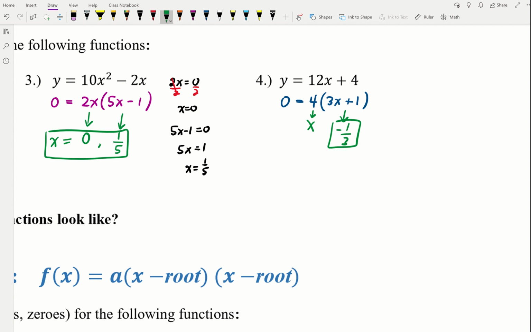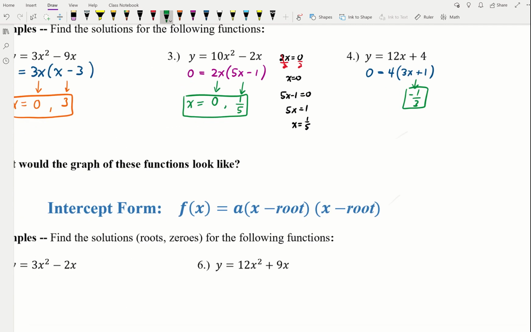So one thing to pay attention to is in order for there to be a solution from the factor, it's got to contain the variable. 4 is always going to be 4, all right? Whereas 2 times x is going to change depending on the value of x. And that's the way you need to think about it.